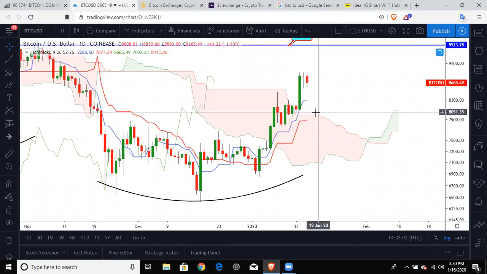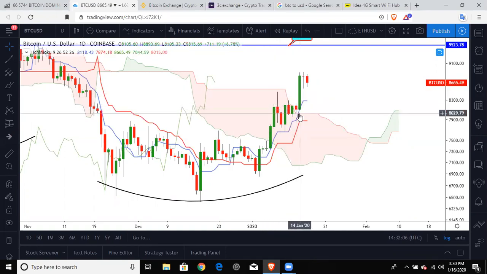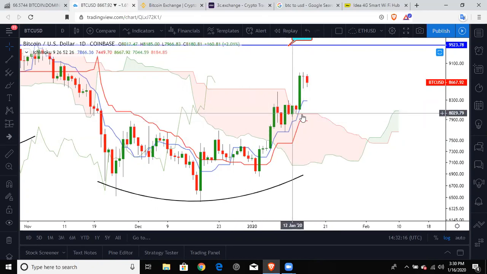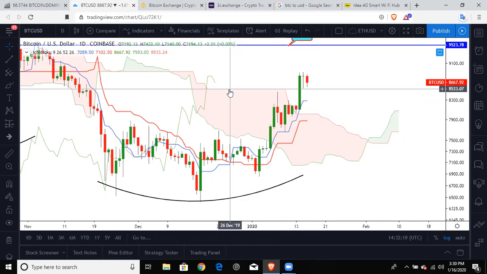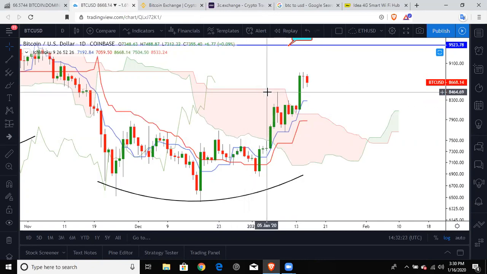I also pointed out that when this closes outside this cloud, we're going to get this flat cloud serving as support, and we're going to look at different supports and resistance. The first one is this flat cloud as support, this flat cloud as resistance, and it will turn to the future support.